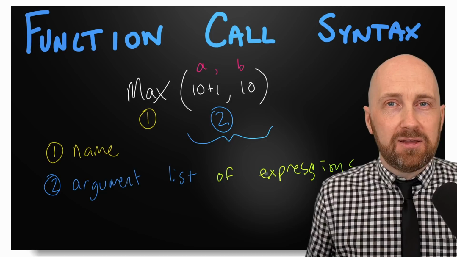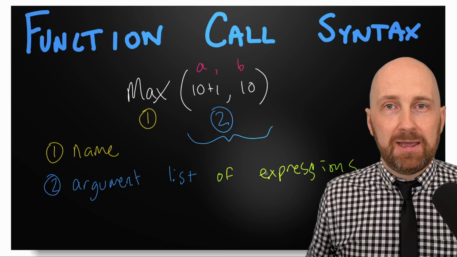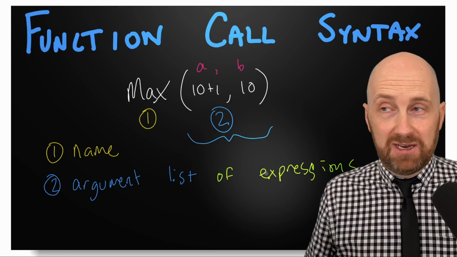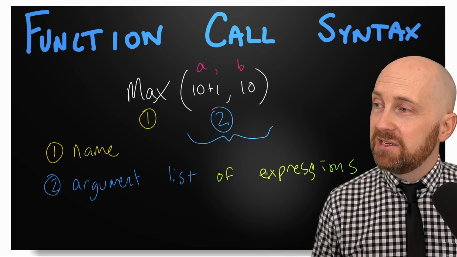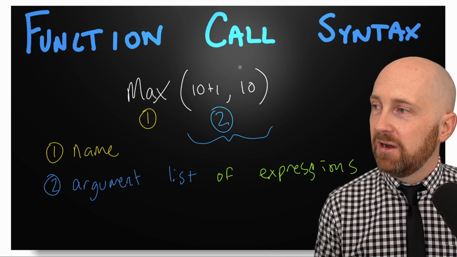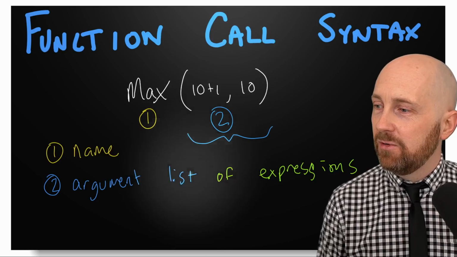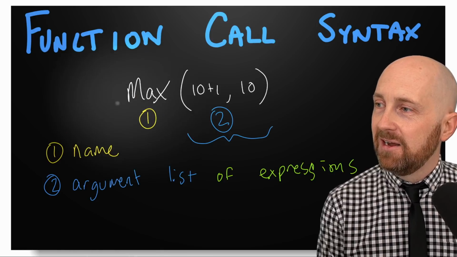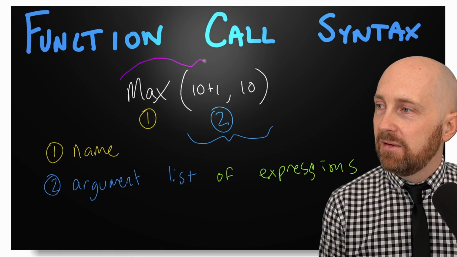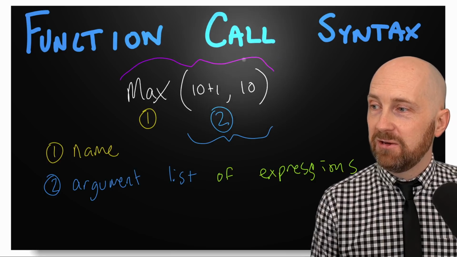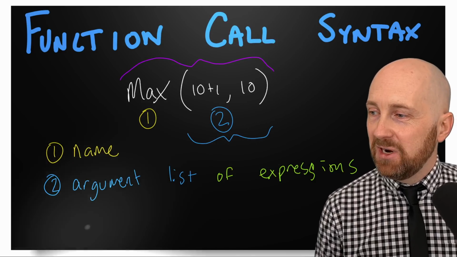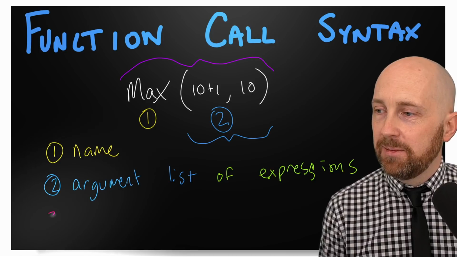Now, the third thing that's important about a function call is that a function call itself is an expression. This whole piece of syntax here, this is an expression. I'm going to erase the A and B in order to say that this entire piece of syntax, which is the function call itself, is an expression. And that expression is going to result in some value.